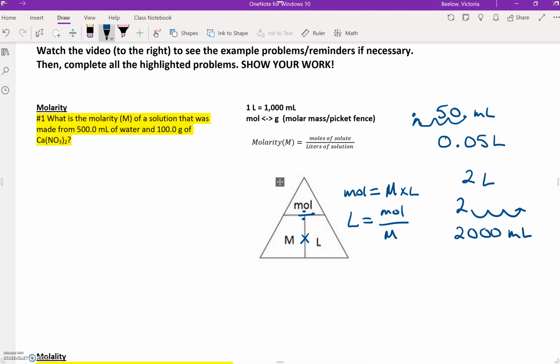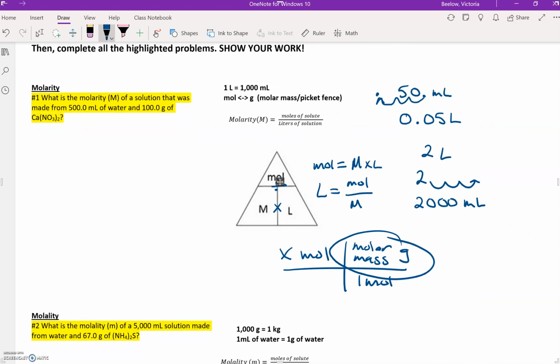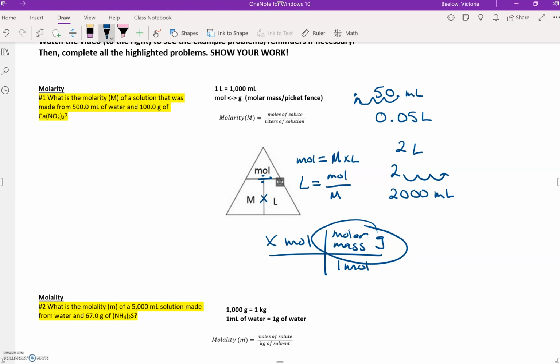So for example, if I had X number of moles and I wanted to get that into grams, I would have to do 1 mole, and then on the top I would have to do molar mass, which would be in grams. And to find molar mass, you have to use your periodic table. Most of us know how to do that because we have been doing it for so long.